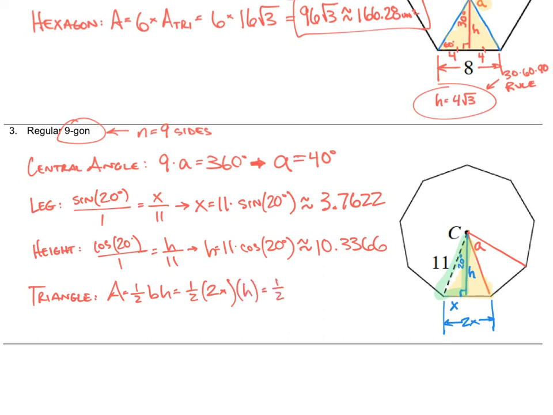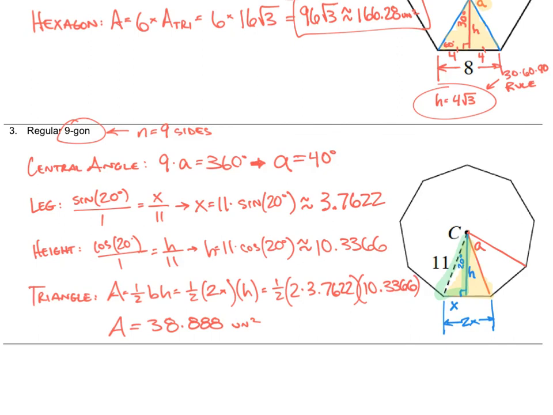So I have 1/2 times 2 times 3.7622 times 10.3366. And that gives us an area of about 38.888 square units for each of those central triangles.